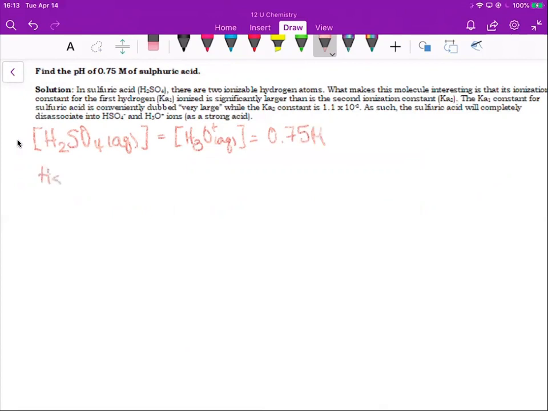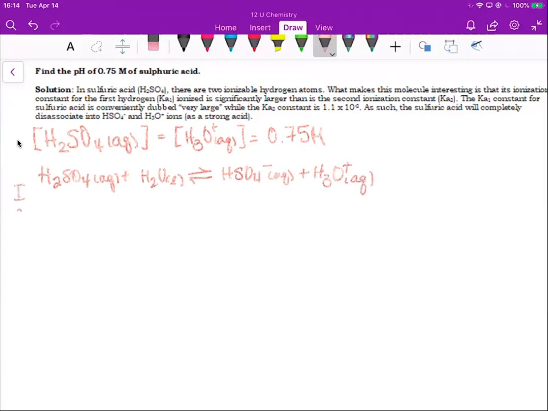Because this first protonation of water by sulfuric acid is 100%. It is a strong acid.